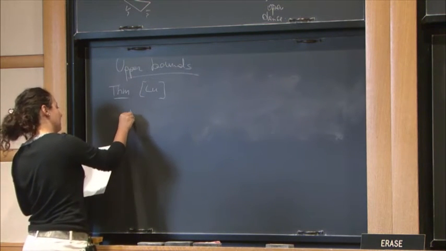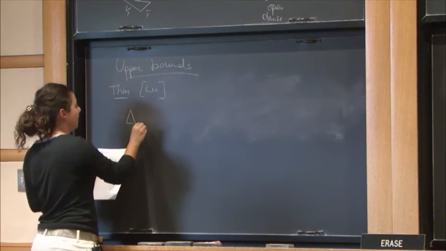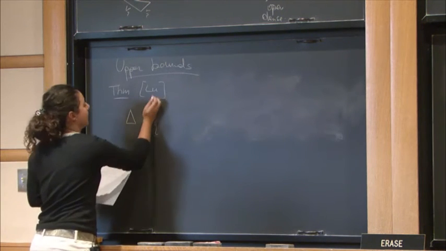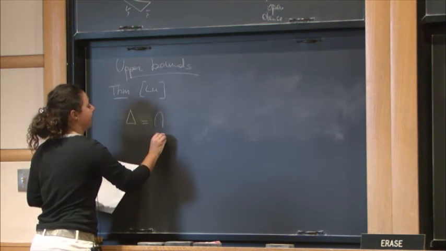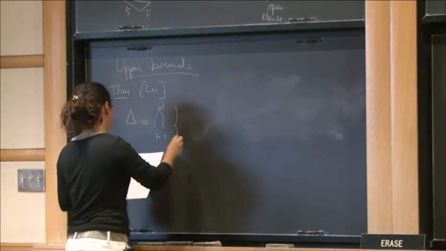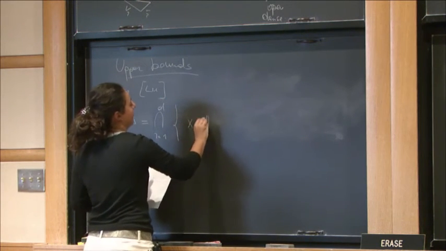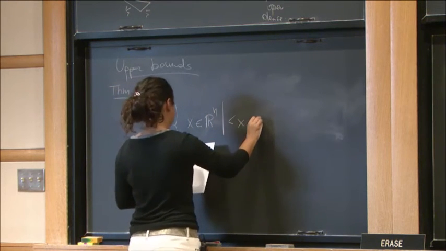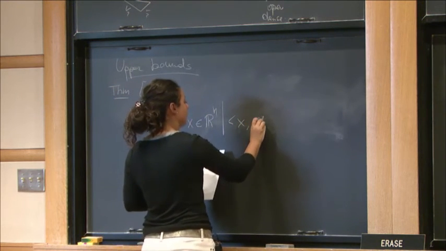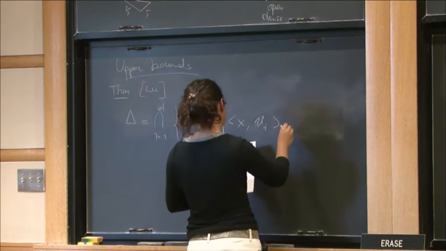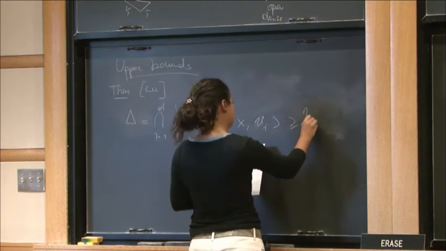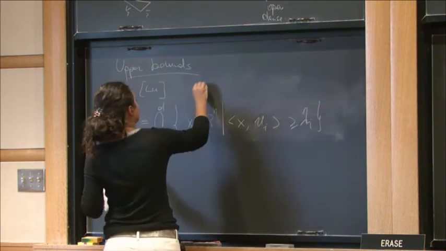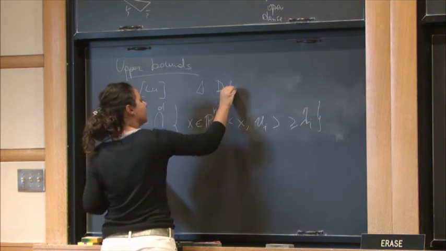Let me consider the Delzant polytope delta, which is given by the intersection of these hyperplanes, so x in R^n such that x times u_i is bigger or equal than lambda_i, delta Delzant.